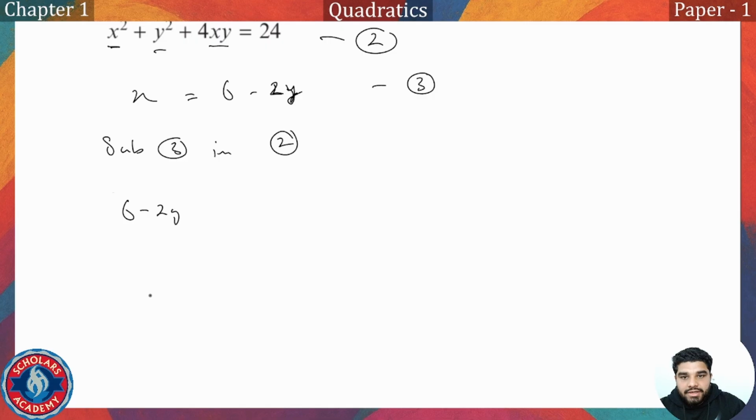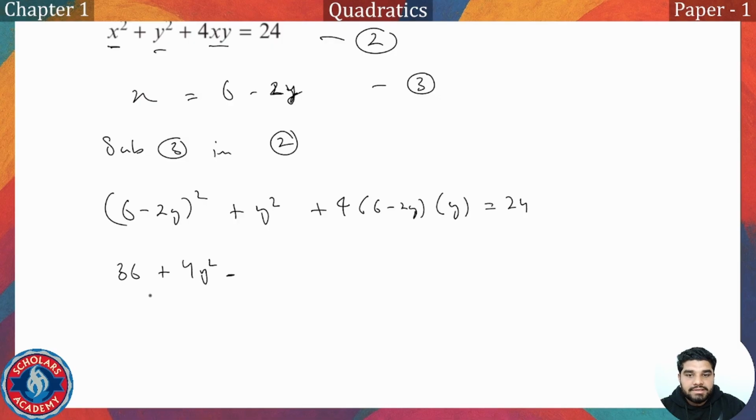(6 minus 2y) whole square plus y square plus 4 times (6 minus 2y) times y is equal to 24. So squaring this, we get 36 plus 4y square minus of 24y plus y square, and over here if we simplify this, we get plus of 24y and minus of 8y square is equal to 24.